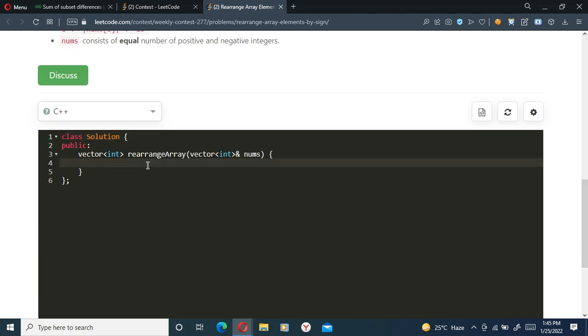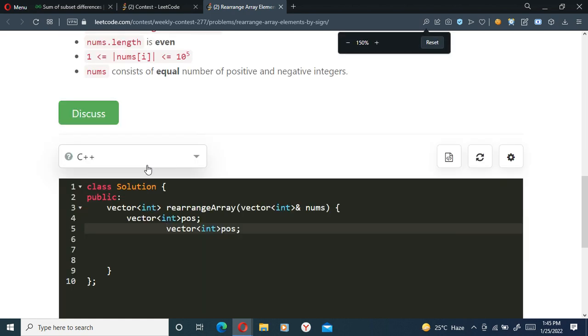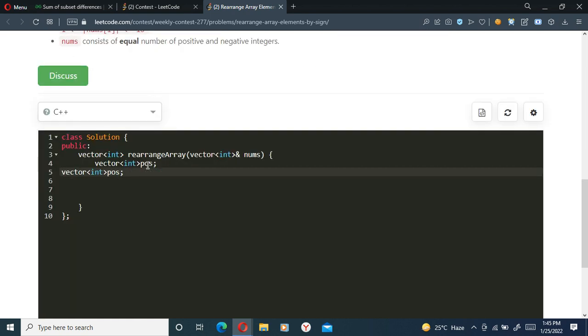So let's just say I'll create 2 vectors. Vector of int positive, and let's create a vector of int negative.